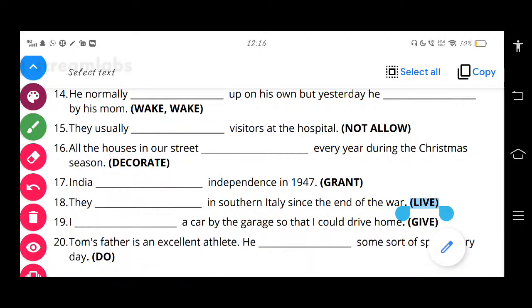If we find either since or for along with a time, that action has to be expressed using either have been or has been plus the fourth form of the verb. So here, since the end of the war. The end of the war happened at a certain point of time, so from that moment till today.